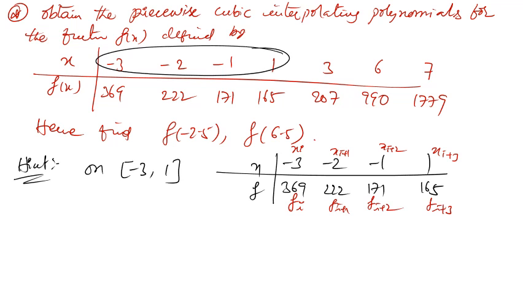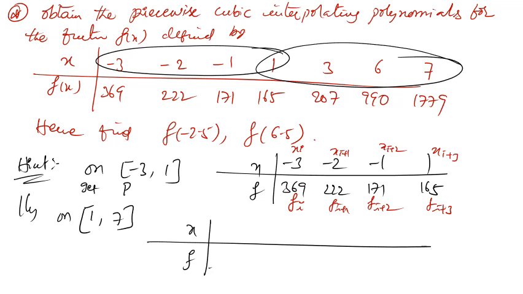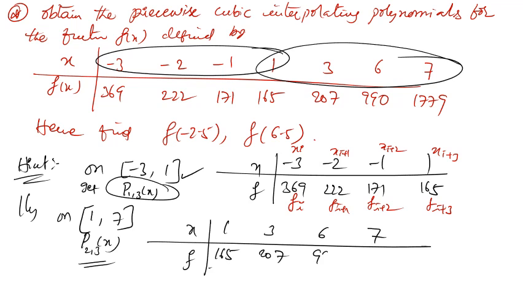Similarly, what is the next interval? Only this one, 1 to 7. And what is the data? X versus f. Here get the first polynomial, P1 3 of x, over this interval. Now here P2 3 of x over this interval. And what are the points? 1, 3, 6, 7, 165, 207, 990, 1779. Okay, get the polynomials and find the required values. This is piecewise cubic interpolation.